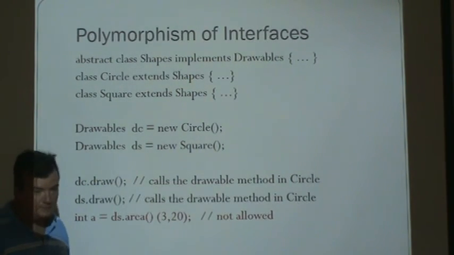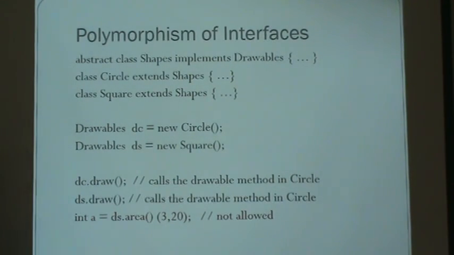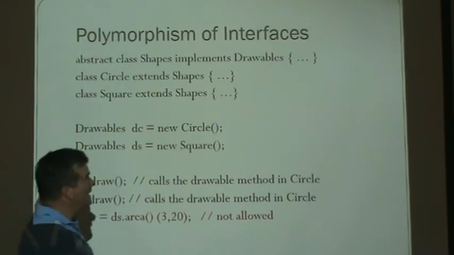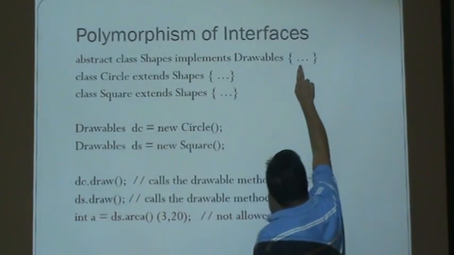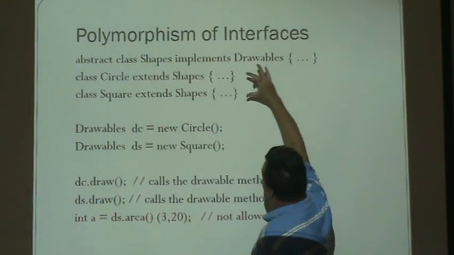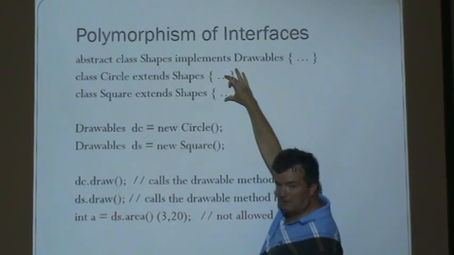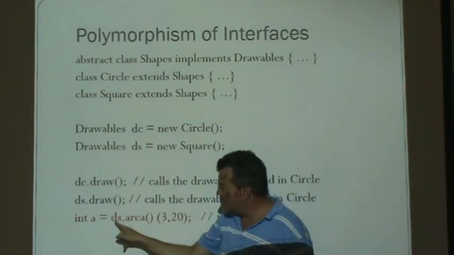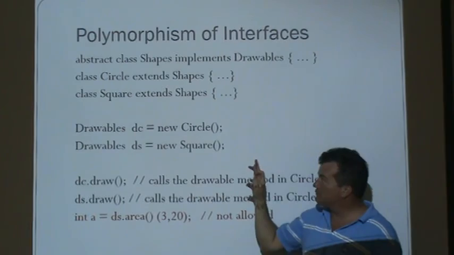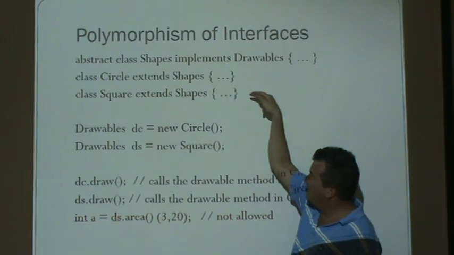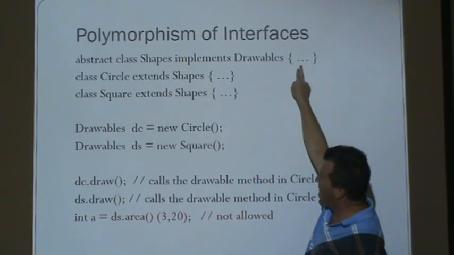So the area should be in the drawables? Well, okay, if the area function was listed up here, then these two would be required to implement it, and then it could call it, because it knows it's calling the one that was implemented for this.